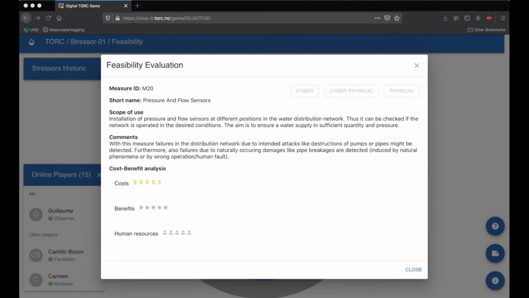Basically, it costs a lot because we need to put a lot of sensors if we want to have this goal of recognizing the area. While the benefit could be good because then you are saying, okay, it's true that we have 3,000 euro per month, but if we understand very quickly where we have the leakage, we can just go there immediately.